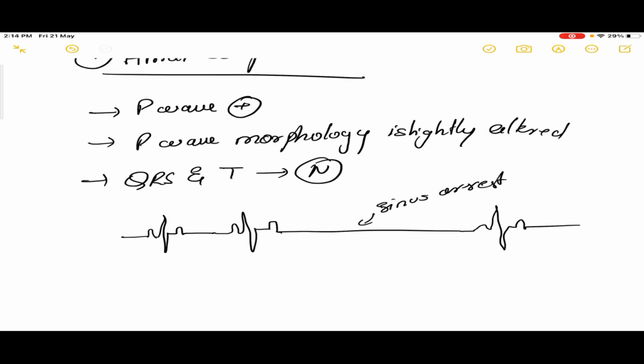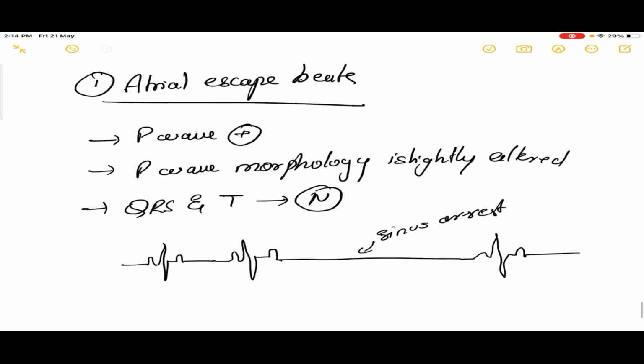So in atrial escape beat, P wave is present with slightly altered morphology, and QRST complexes are normal.